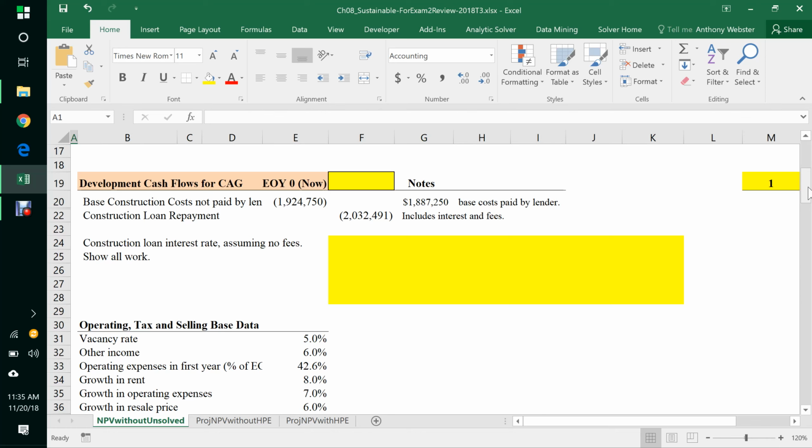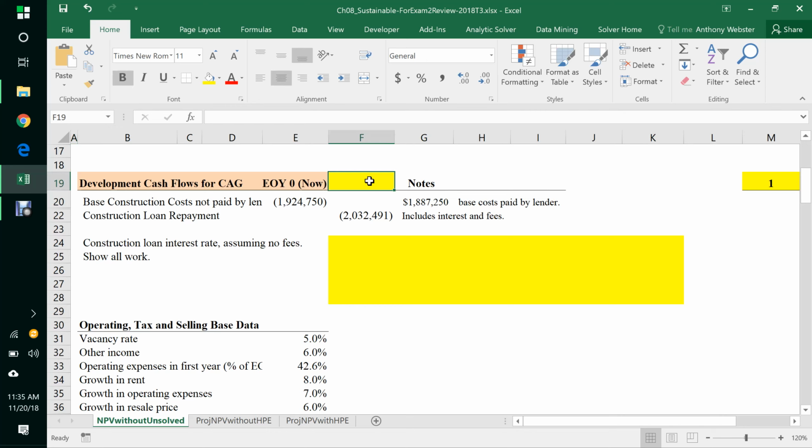So what are we assuming then? All the construction costs are happening at EOY 0, okay? Certainly those not paid by the lender, and it would be a good assumption to say that the lender's were paid there too, okay?